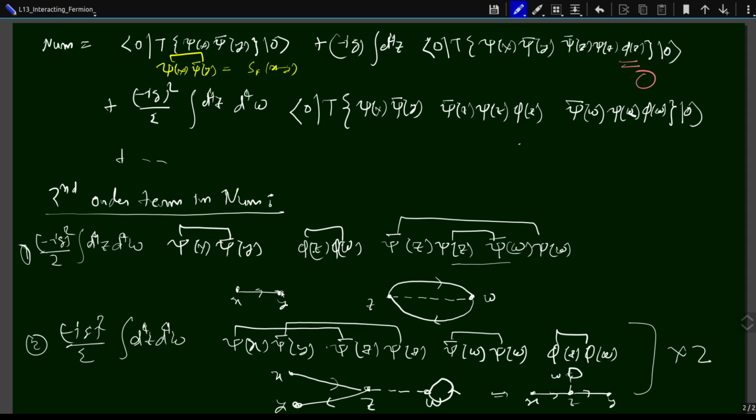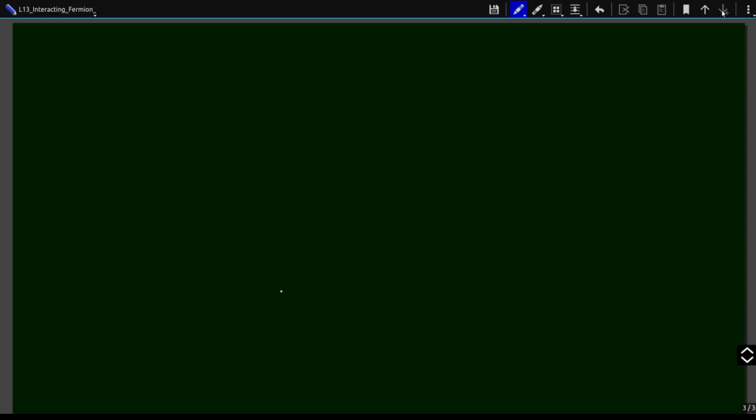now we move on to some more diagrams where we demand that x and y, the two external guys, necessarily contract with different guys. Okay, so I have minus i g squared by 2 t4z t4w, all the vacuum expectation value, and so on.